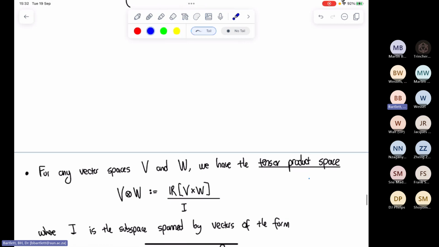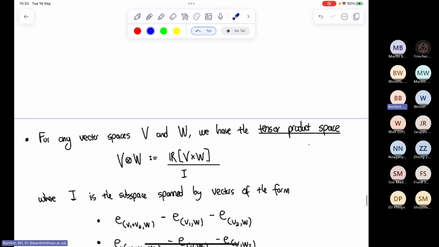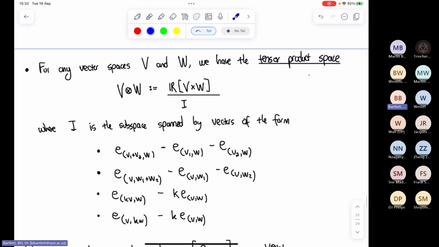What is the subspace I? It's the subspace spanned by vectors of the following form. I take the formal vector corresponding to (V1 plus V2, comma W). So I've got some vectors V1, V2 in V and W in W. And I've got this formal vector here living inside that space, right? It's one of the basis vectors for that space. And then I have this formal vector and this formal vector.